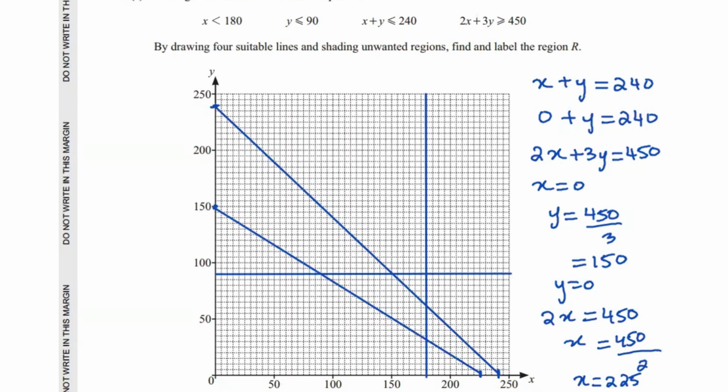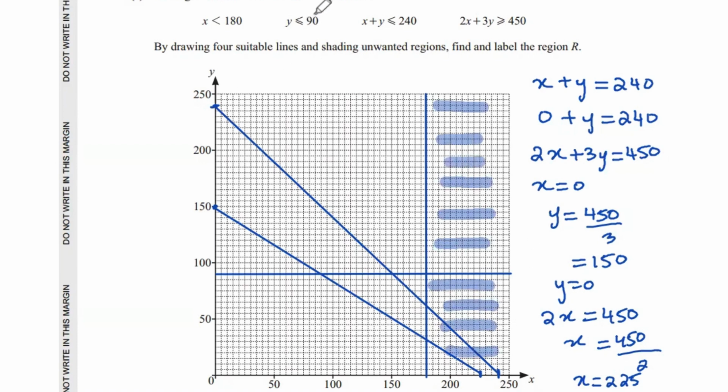Okay, now comes the shading part. x is less than 180, which means we shade the greater than 180 part. Shade the unwanted regions. This part.